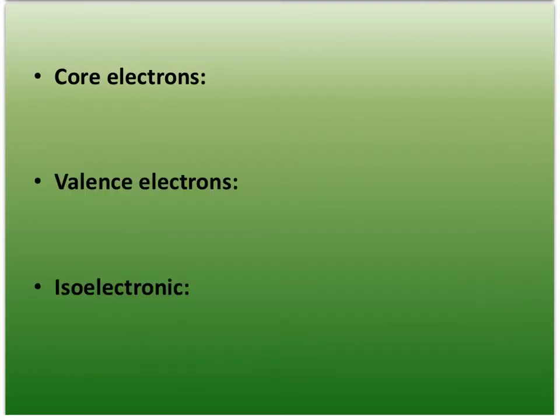Before we start talking about the trends, there are some definitions we need to know. We need to talk about core electrons, valence electrons, isoelectronic. We've discussed these already, but we're going to review them and make sure you remember what these are. Core electrons are the electrons in the lower energy levels.